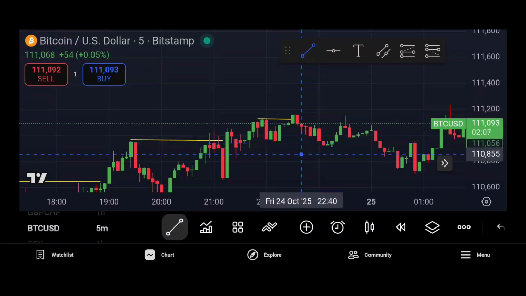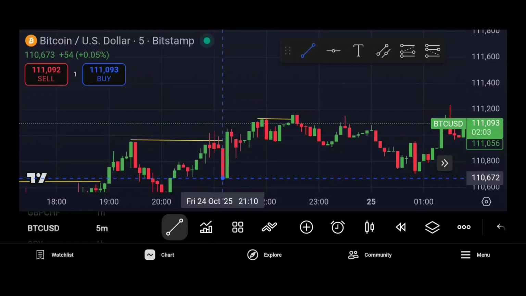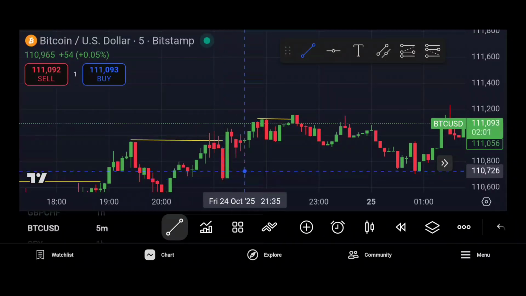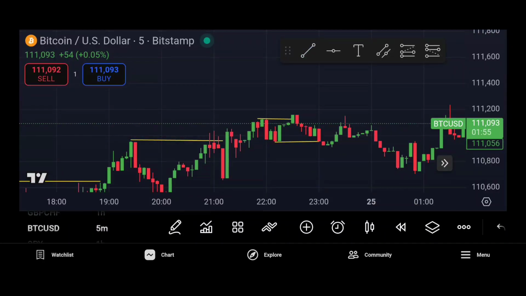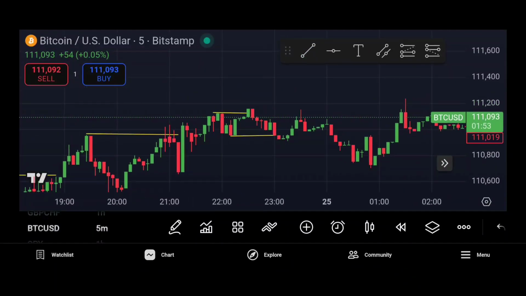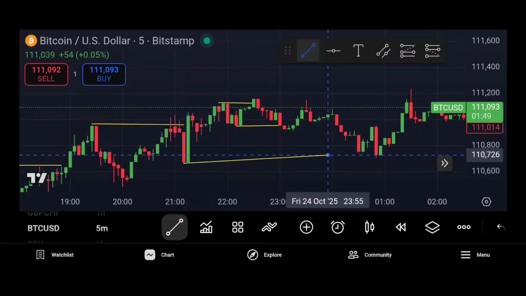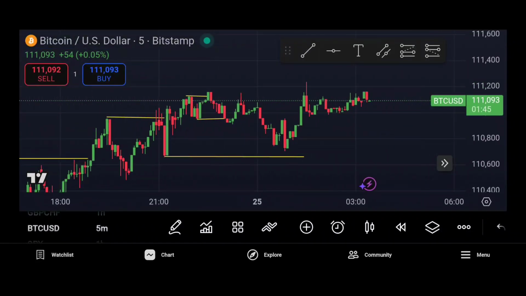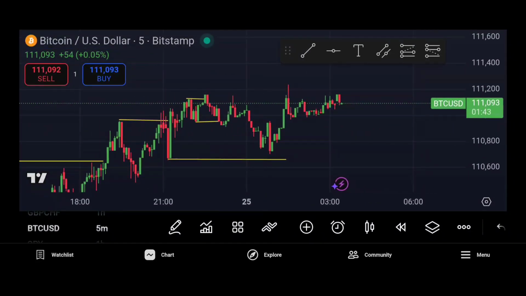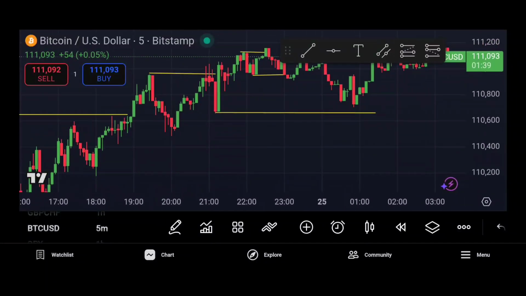There was a break of structure right there, then there was a small change of character, but the main swing low was that one right there, because as you can see, the market later respected it, and it pushed more higher.